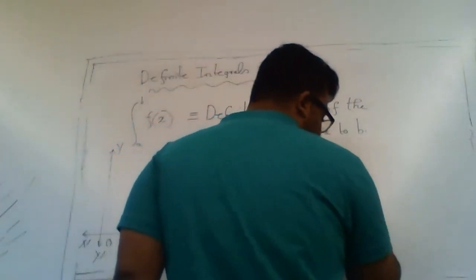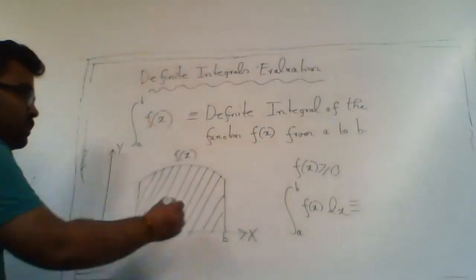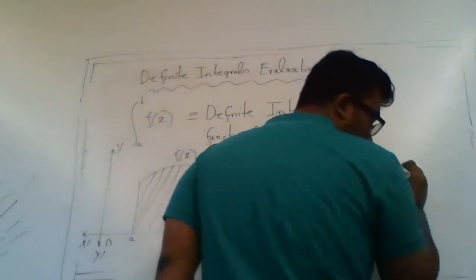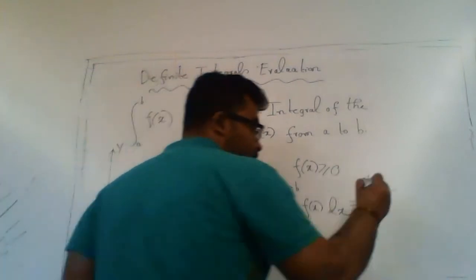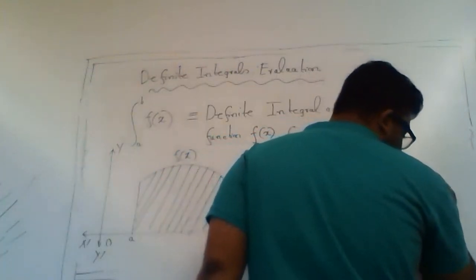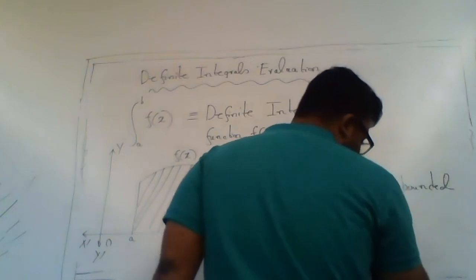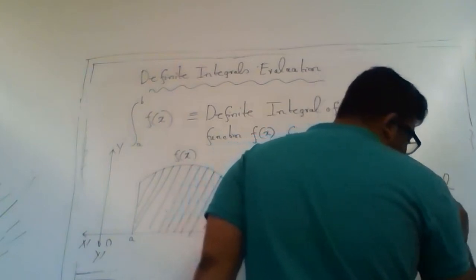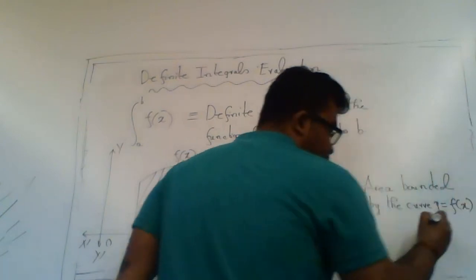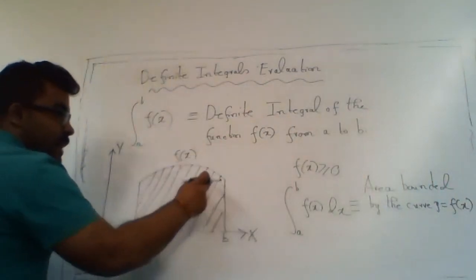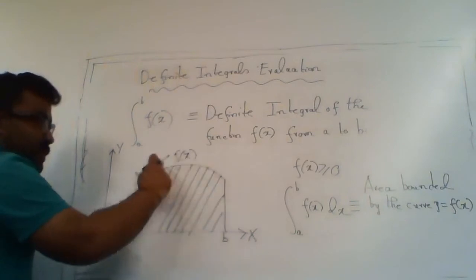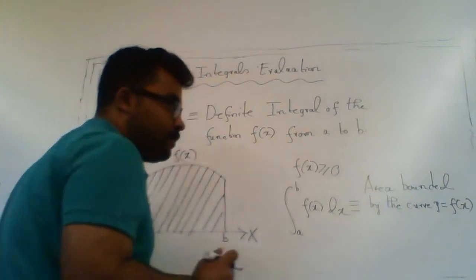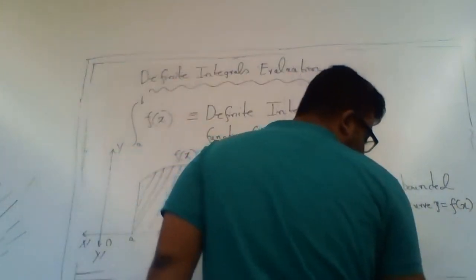So what is this area? It is the area bounded by the curve y equals f(x). So how can we express this area? It is the area bounded by the curve y equals f(x), x equals a, x equals b. These are the abscissa.